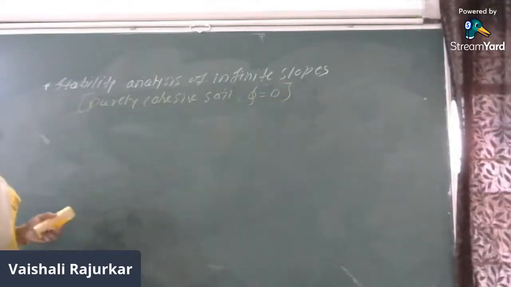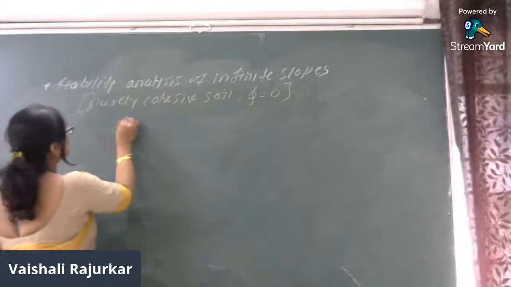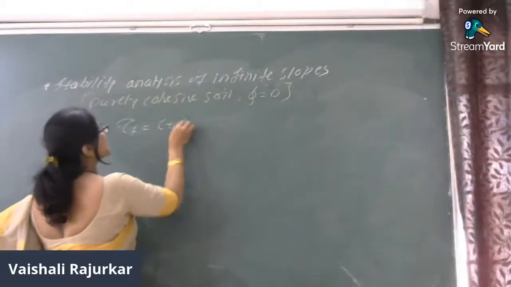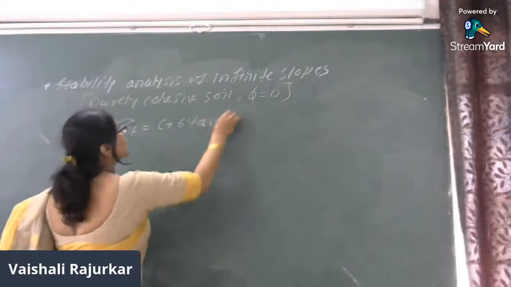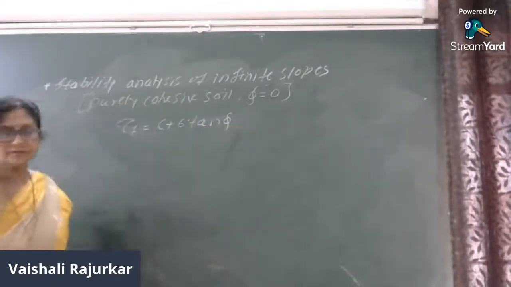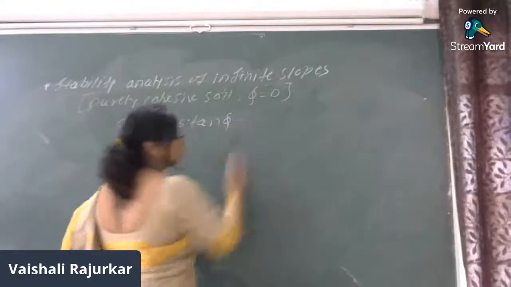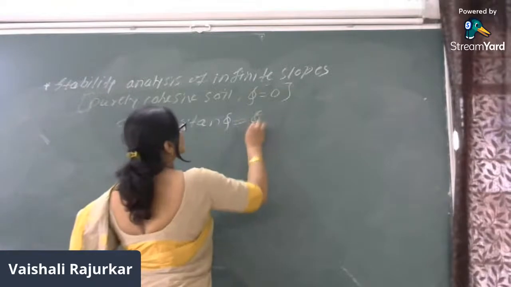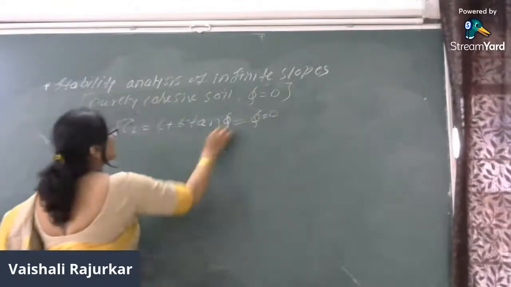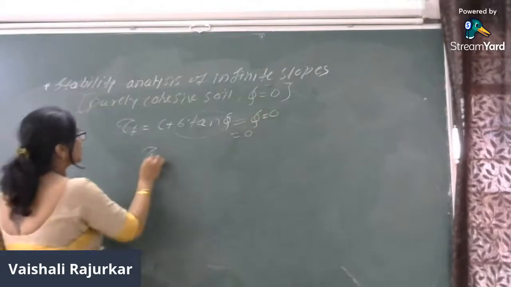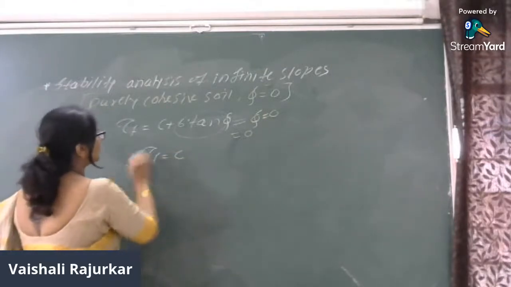If this phi is 0, so naturally, what is shear strength? Tau f is equal to C plus sigma tan phi. As this phi is 0, the whole term is 0, and therefore tau f is equal to C only.